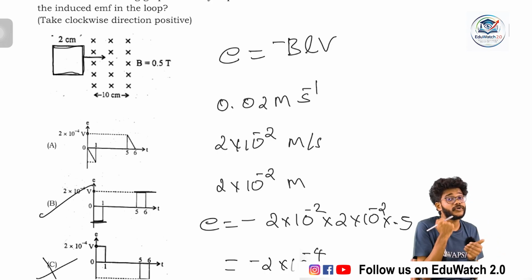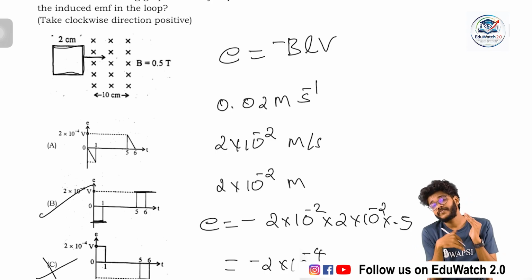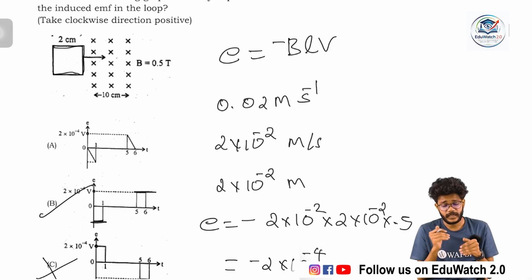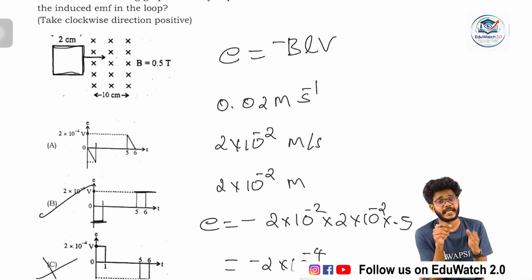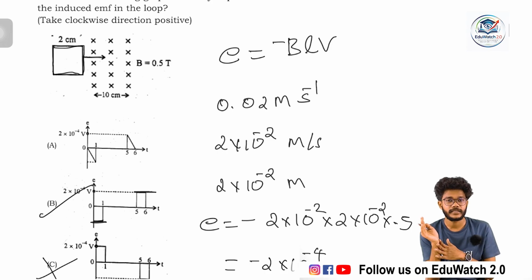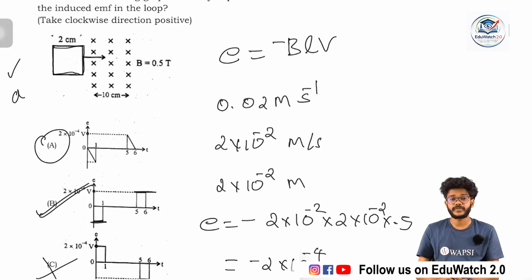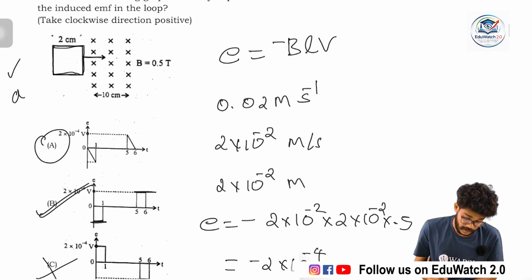Because of the constant velocity, the rate of change of area is constant. If the square loop is moving with an acceleration, then the rate of change of area is increasing, so that will be a straight line. If there is an acceleration, then that will be correct; if there is a constant velocity, this will be correct. So option B is the correct answer.